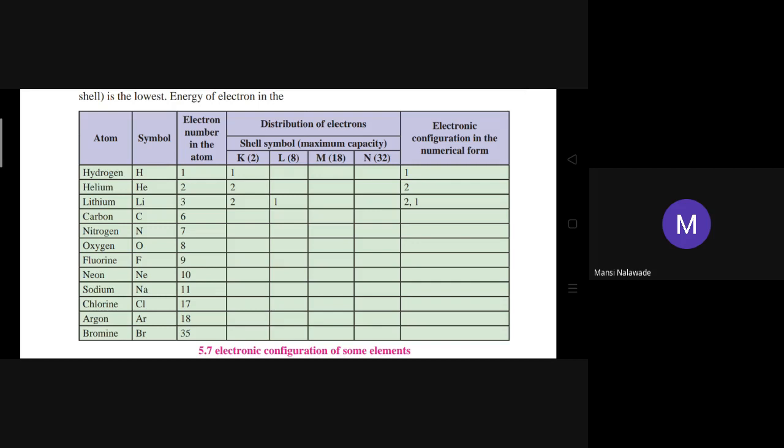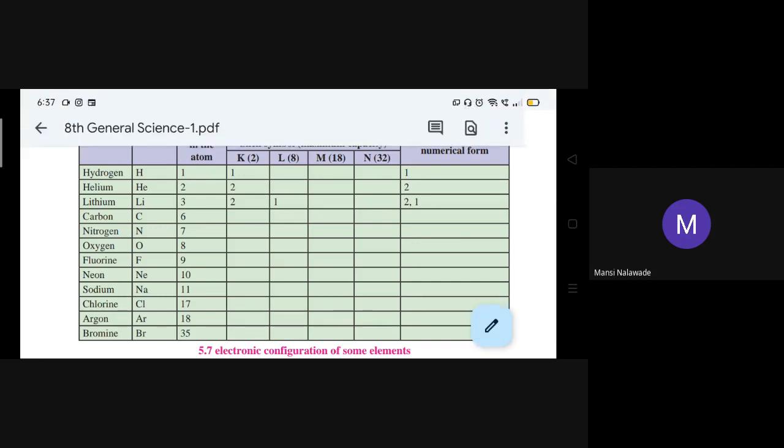Symbols are hydrogen H, helium He, lithium Li, carbon C, nitrogen N, oxygen O, fluorine F, neon Ne, sodium Na, chlorine Cl, argon Ar, bromine Br.